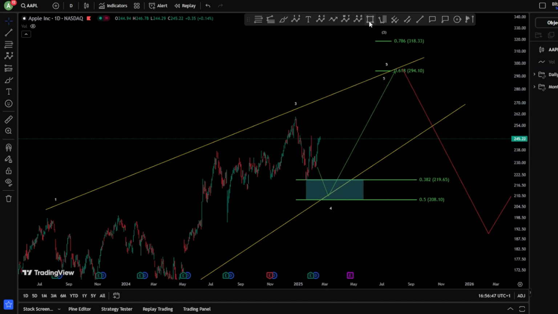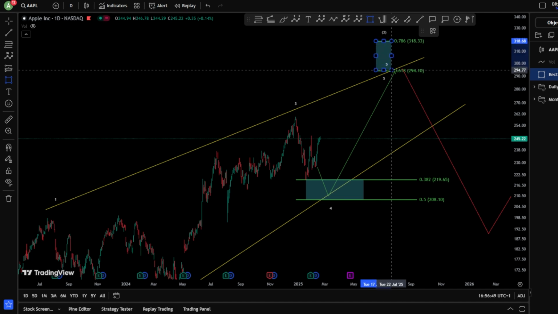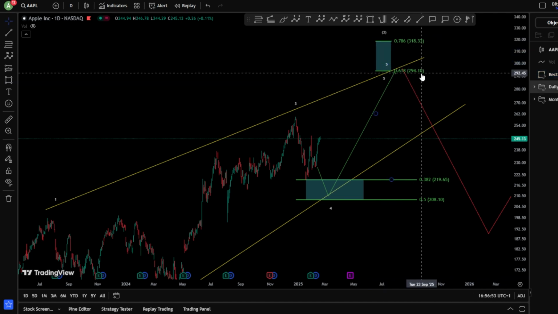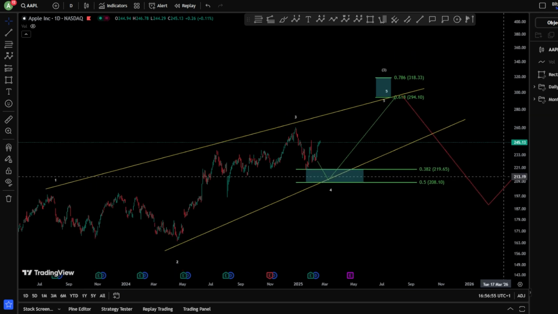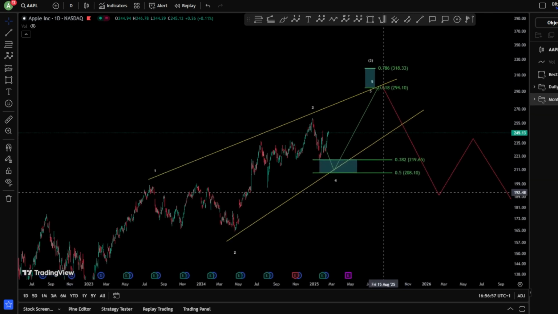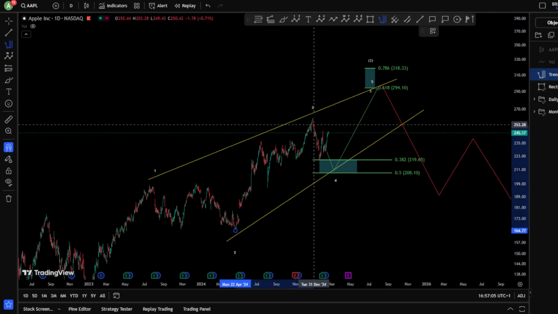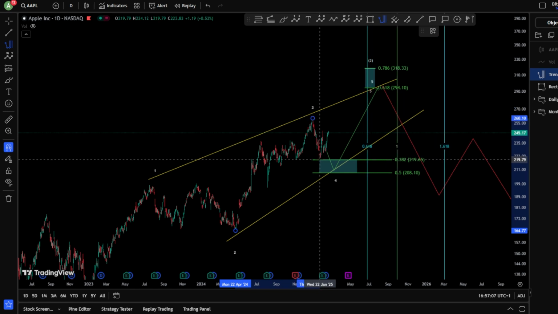So our next blue box, I would say, is the following here, and of course between the $294 and $318. Very nice price action, of course, for the Apple. Now, regarding the timing, I would say let's take the 1-to-1 fib time taken from here.